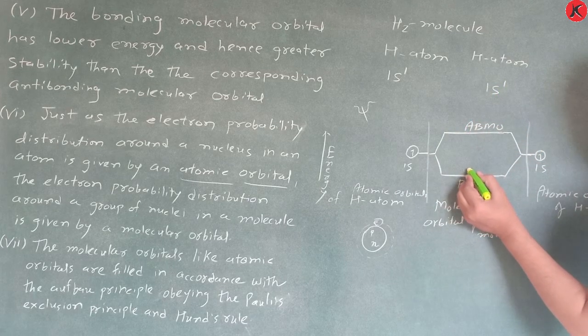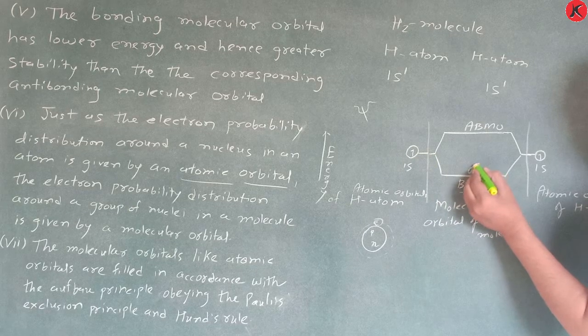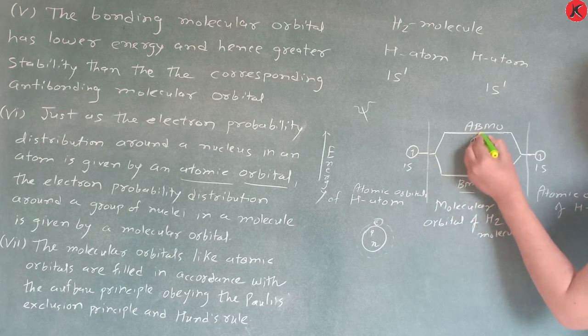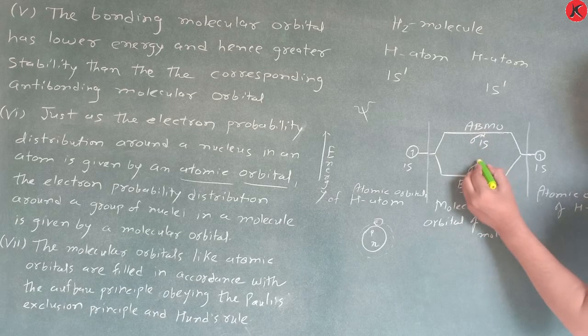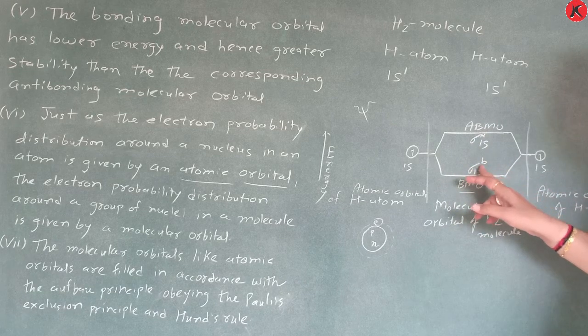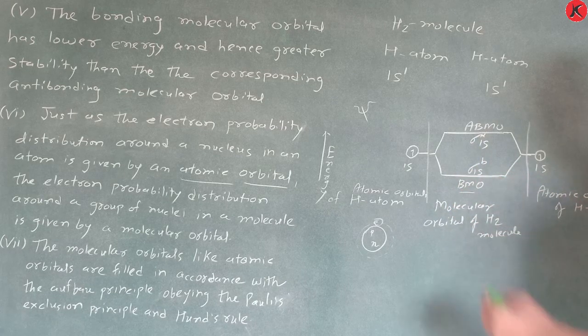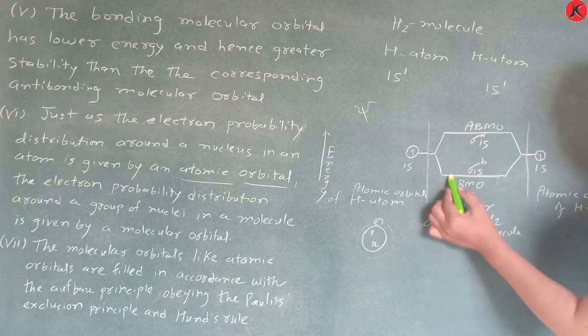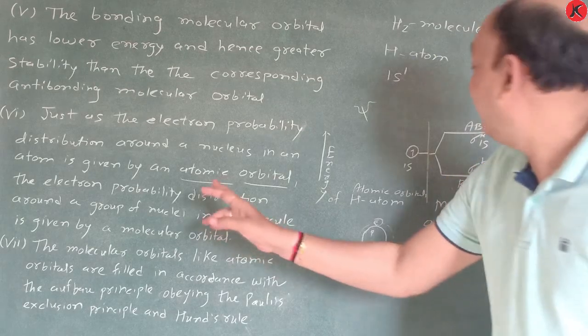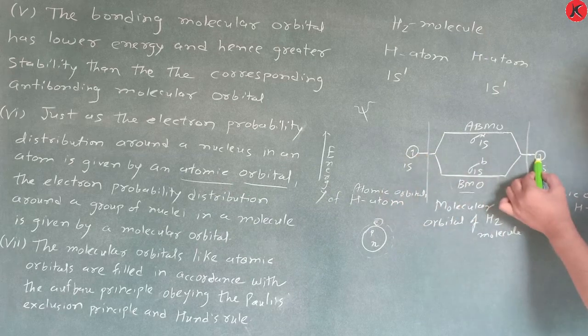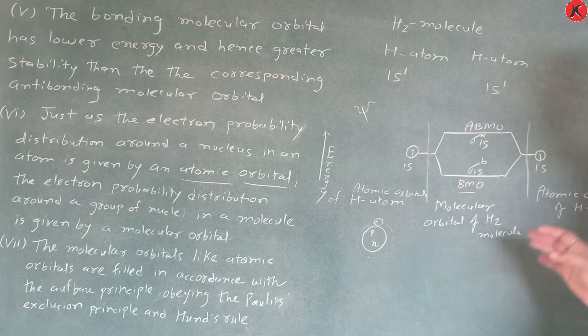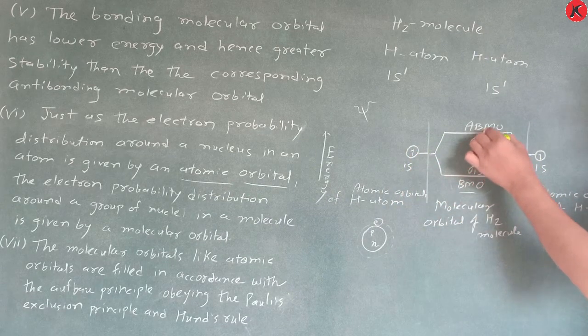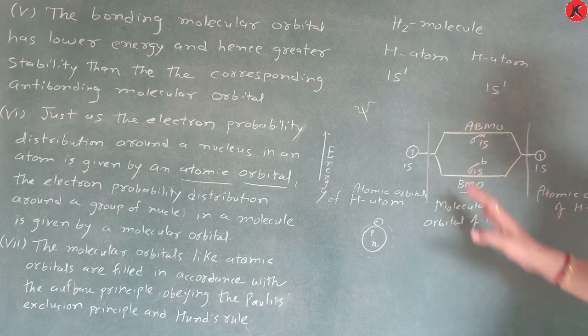Here BMO is in 1s, it is shown by sigma 1s, and ABMO is shown by sigma star 1s. Here, bonding is nothing but molecular orbital. Remember, and this too is nothing but atomic orbital. Here attraction takes place, here repulsion takes place, that we will see later on.